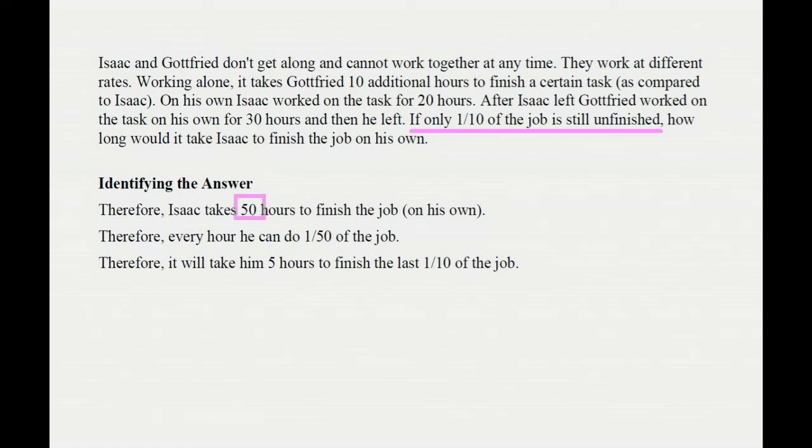If he can wrap up the whole job in 50 hours, how long would it take him to do 1/10 of it? Well, the time will be 1/10 of 50 hours, which turns out to be 5 hours. That's our answer. 5 hours. It will take Isaac 5 hours to finish the job on his own.